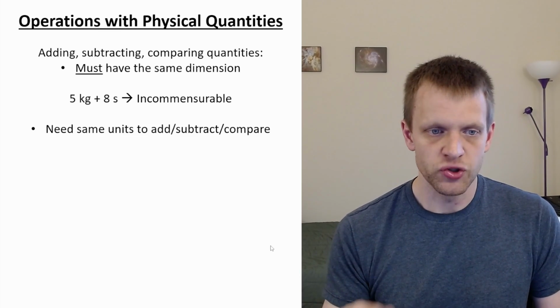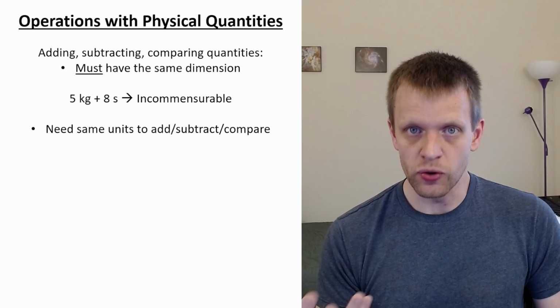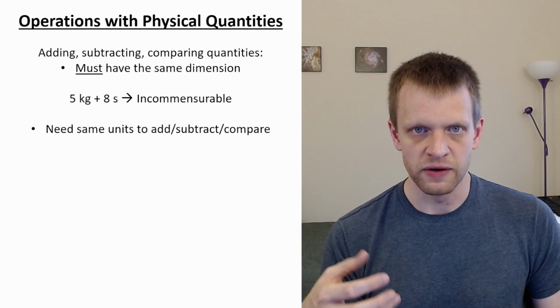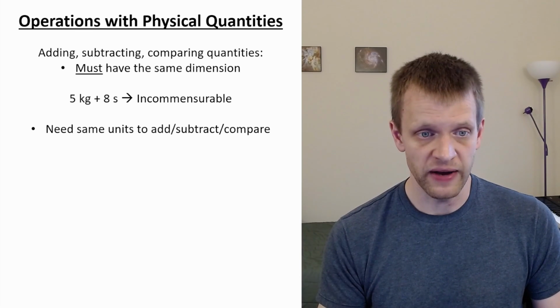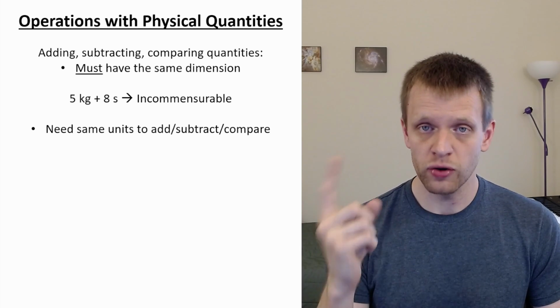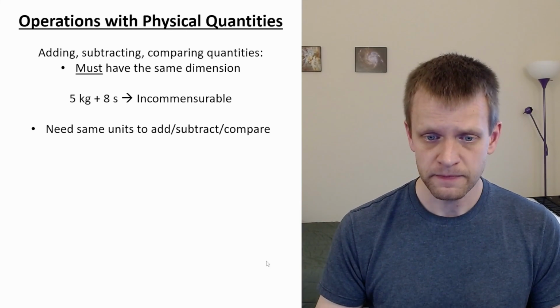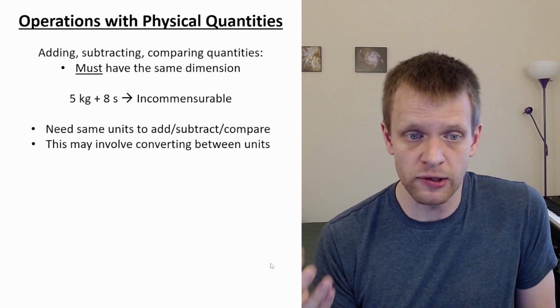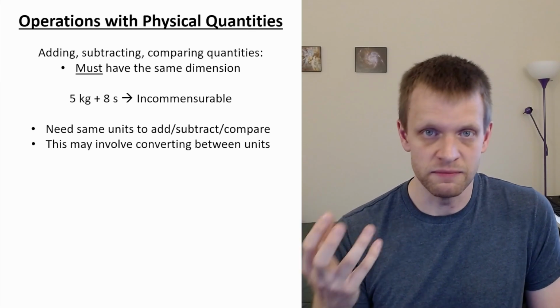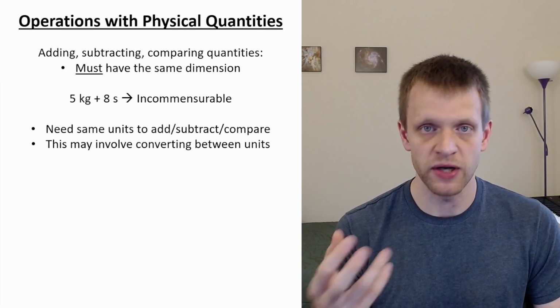Okay? So again, if I want to actually go through the operations of adding, subtracting, or comparing values, they have to have not only the same dimensions, but also the same units. And this might include converting between different kinds of units of the same kind of quantity.